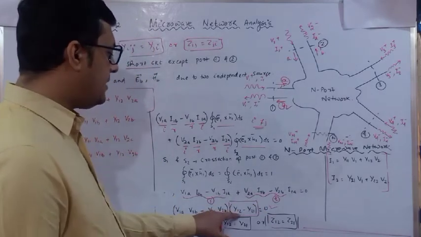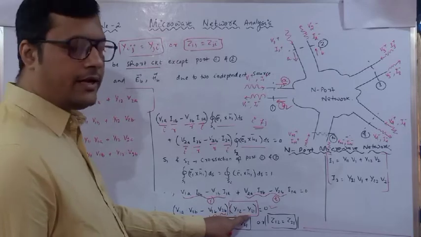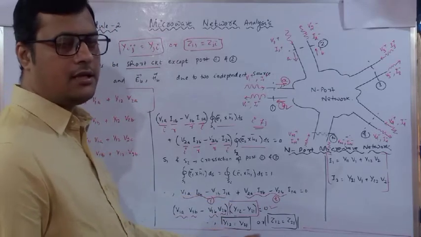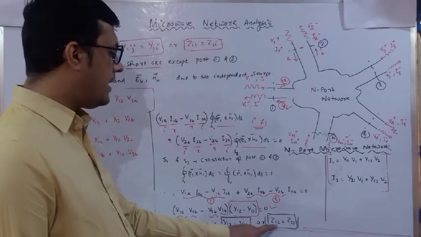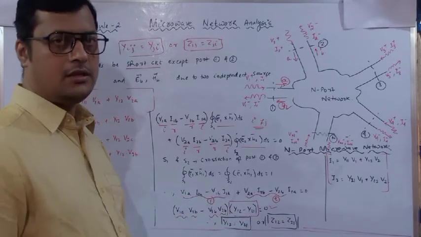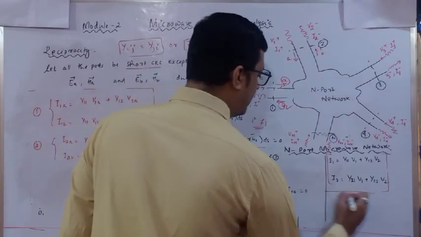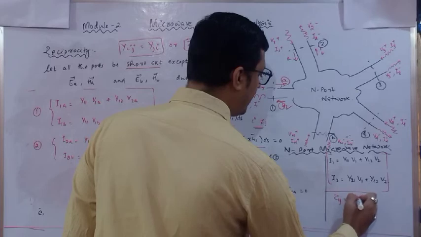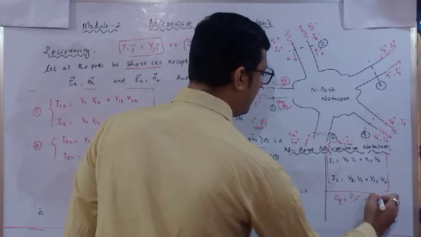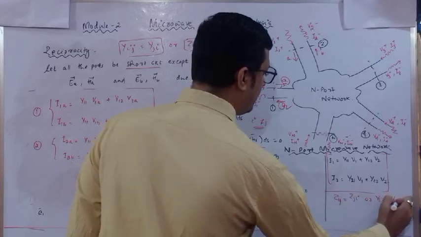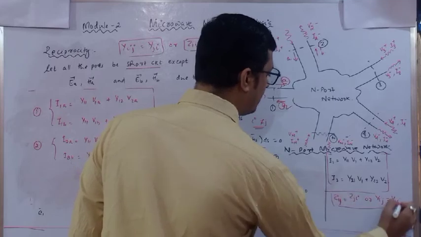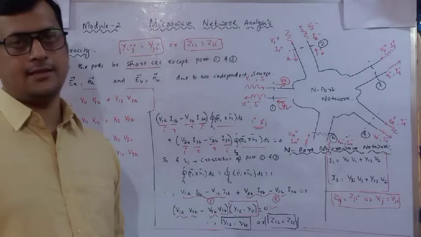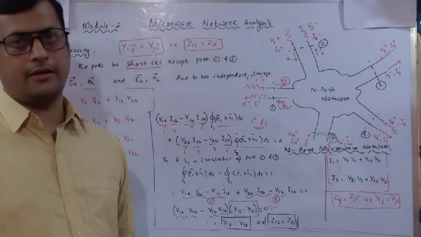If Y12 minus Y21 equals 0, that means Y12 is equal to Y21, or we can write Z12 is equal to Z21. That means it satisfies Zij is equal to Zji or Yij is equal to Yji. So we have satisfied this by considering the electric and magnetic fields.